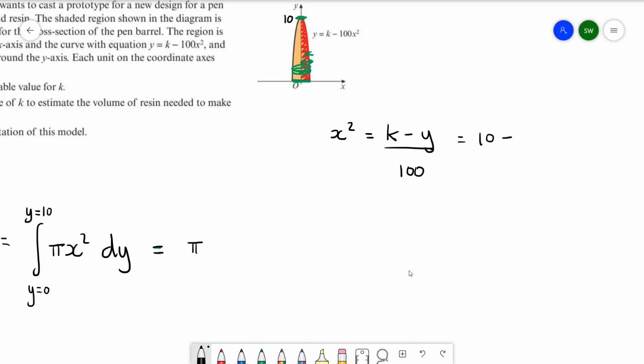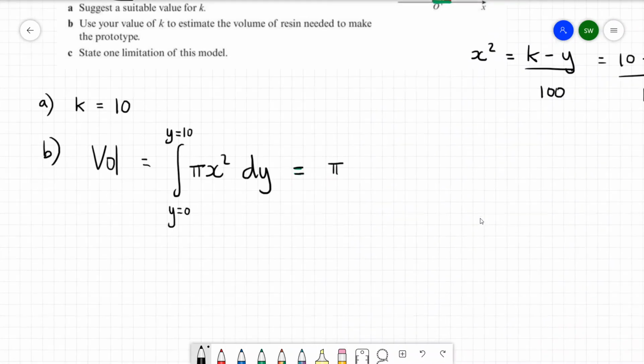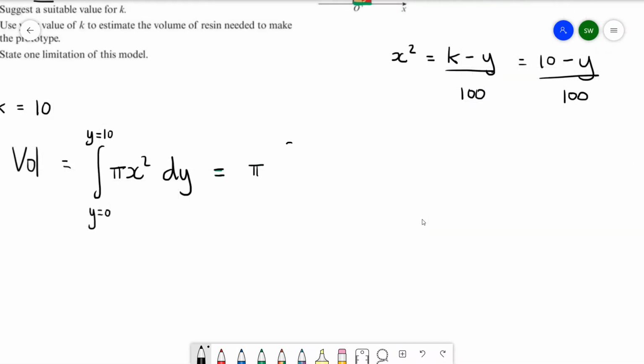So 10 minus y over 100. So if we work out this integral, we've already squared x, so don't square it again. We're just going to sub that straight in, 10 minus y over 100 dy. And our limits are 0 up to 10.